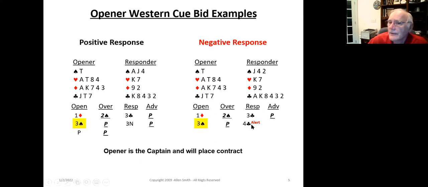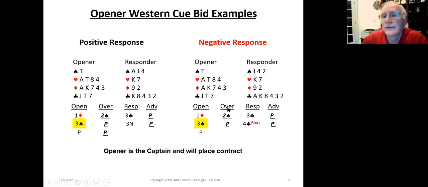So 4 clubs again must be alerted because it's an artificial bid that says, no, I don't have it. It doesn't say anything more about clubs, but because the opener has a fit in clubs, after we make a response, he's going to pass and we'll play the contract at 4 clubs.